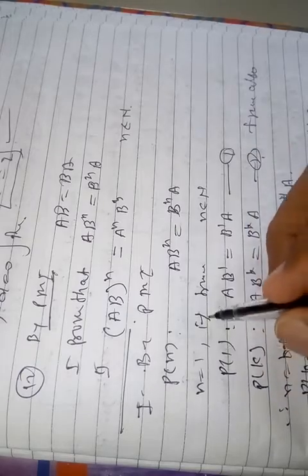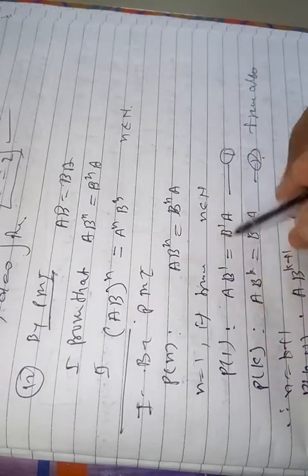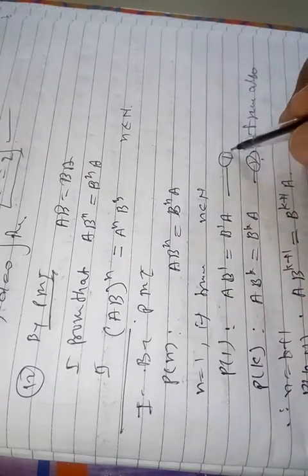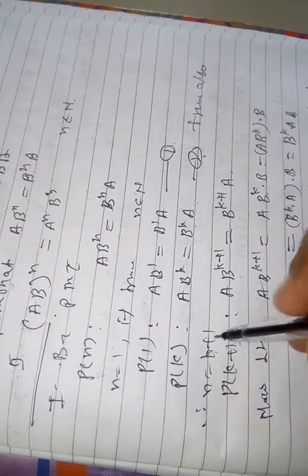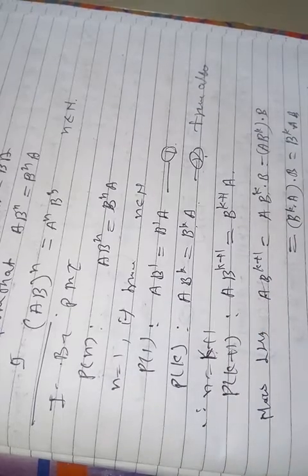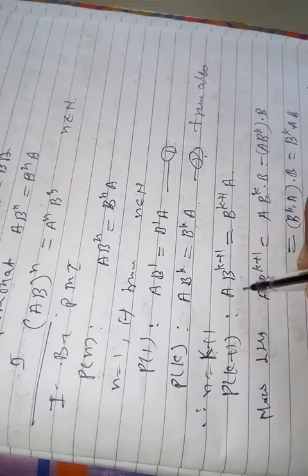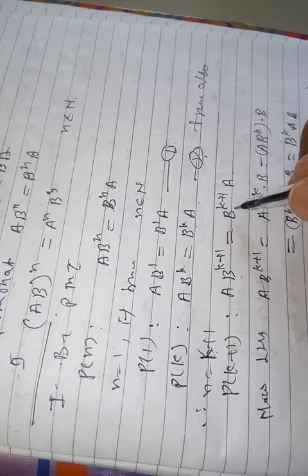For n equal to 1, P of 1 is true. Assume P of k is also true. Then for n equal to k plus 1, P of k plus 1 is AB raised to k plus 1 equal to B raised to k plus 1.